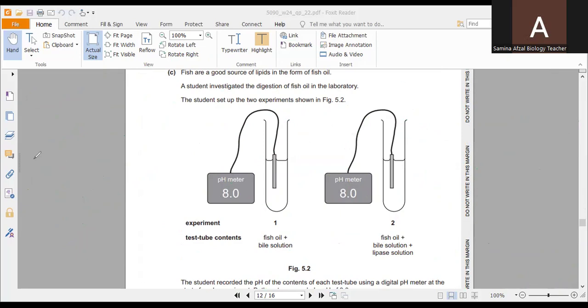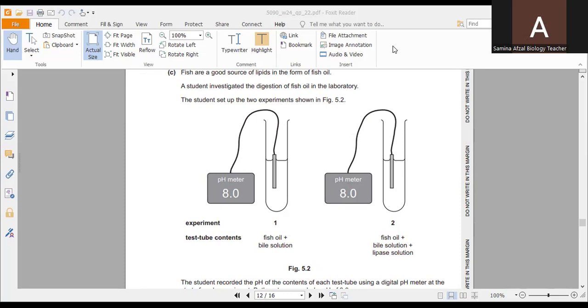A student investigated the digestion of fish oil in the laboratory. The student set up the two experiments shown in figure 5.2. In experiment 1, the pH meter shows pH 8.